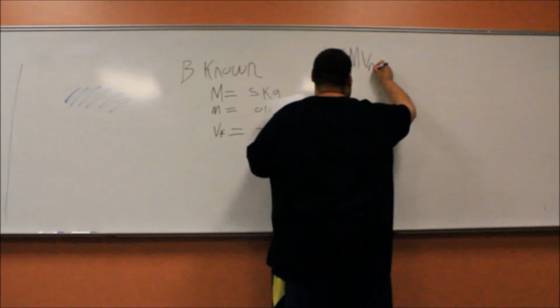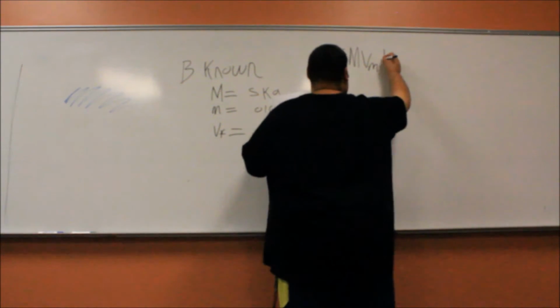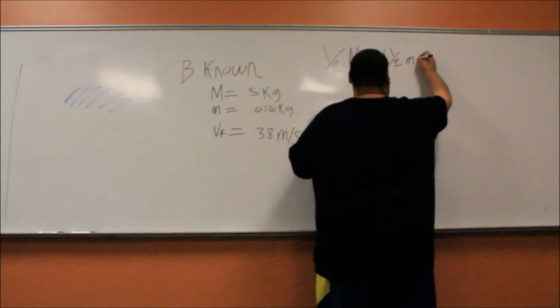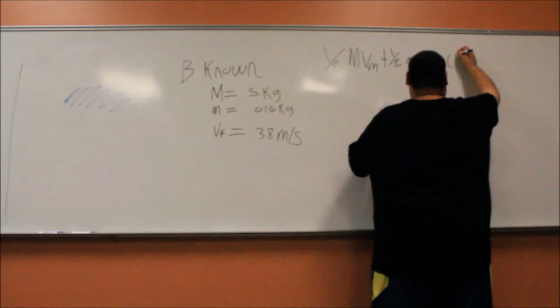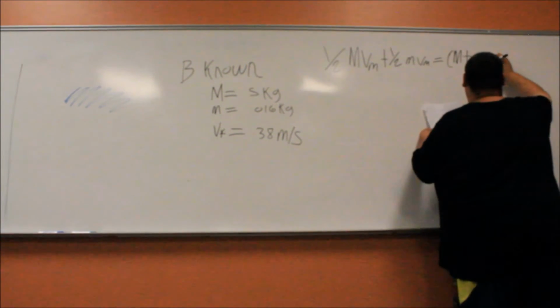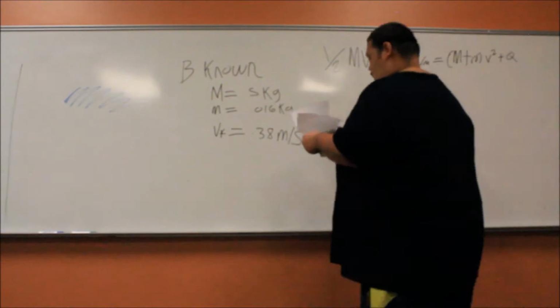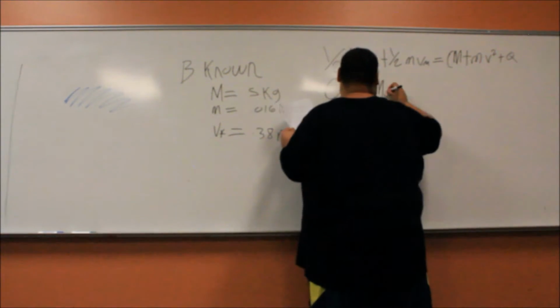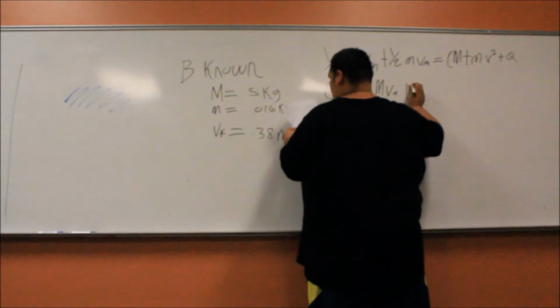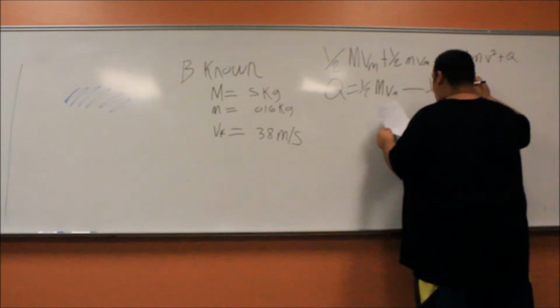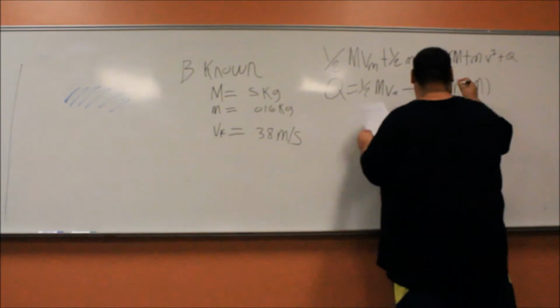1/2 m v squared for the block plus 1/2 m v squared for the bullet equals 1/2 (m plus m) v squared plus Q. Q equals 1/2 m v squared for the bullet minus 1/2 (m plus m) final velocity squared.